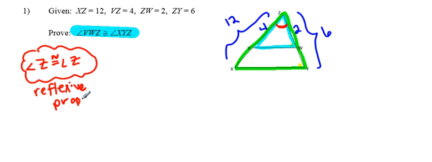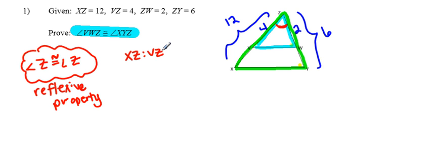I need to establish the fact that the lengths of those sides that surround angle Z are in proportion. And to do that, I'm going to go ahead and write some ratios. So I'm going to compare the length of XZ to the length of VZ. And I can write a ratio for anything I want to. A ratio, remember, is just a comparison between two numbers.